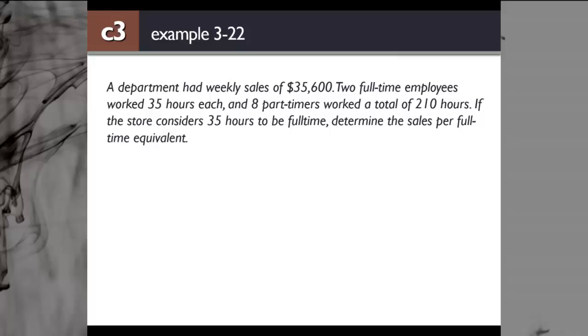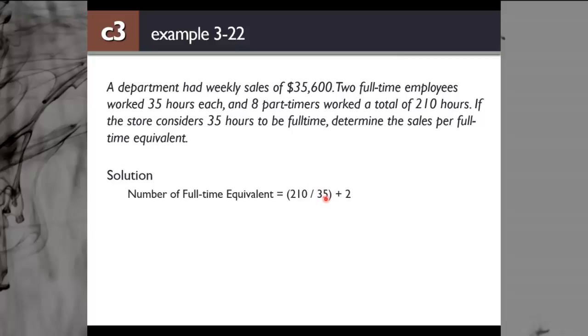So what you have to do is calculate the number of full-time equivalent first. So 2 plus these 8 part-timers, who can be converted into full-time equivalent based on their hours. You take 210 and divide it by the full-time 35. Your number of full-time equivalent is the total hours that these part-time workers work divided by the full-time hours they consider, which is 35.